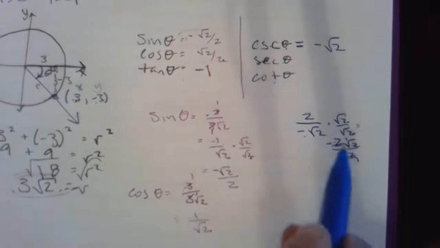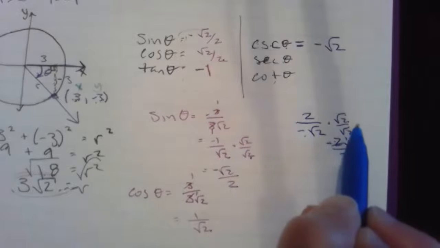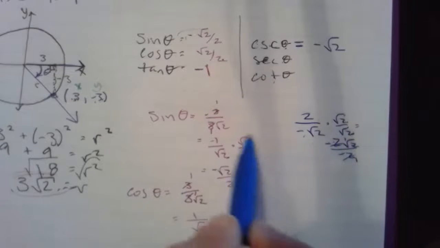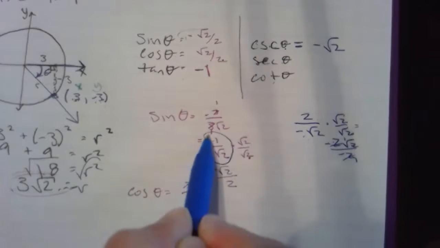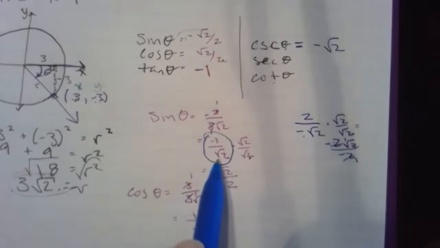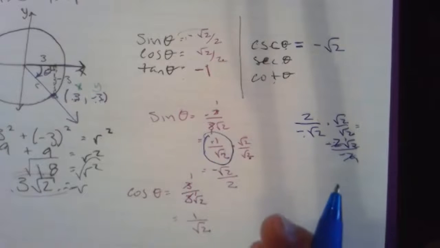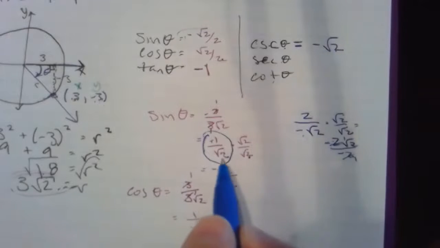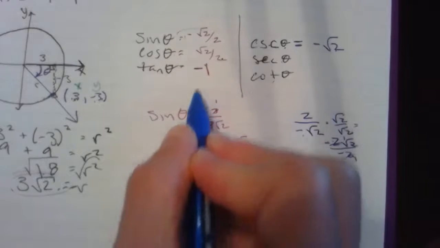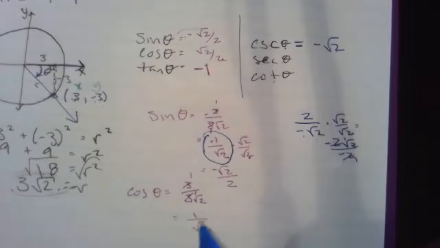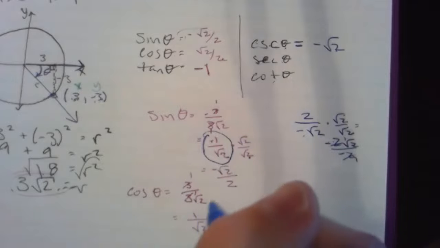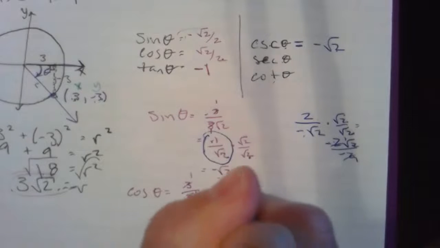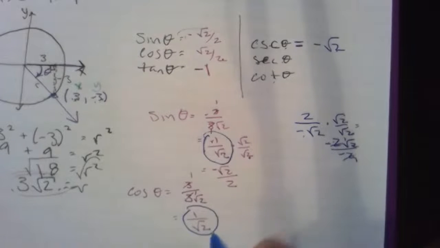Go back to our sine work. What was the step before rationalizing the denominator? It was this step right here. And what if I take the reciprocal of -1 over rad 2? Aren't I going to get negative rad 2? So it's important, when you do your sines and cosines, to at least keep an eye on what the simplified fraction is before you take the reciprocal.